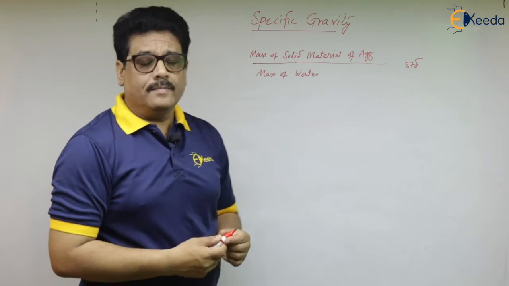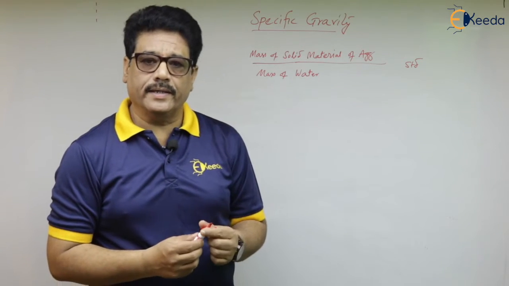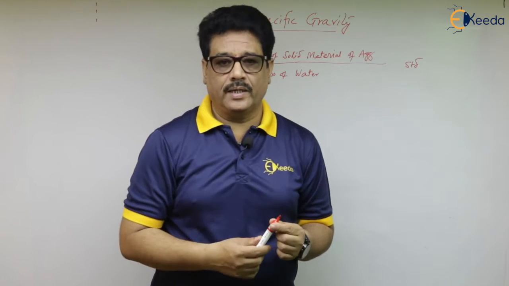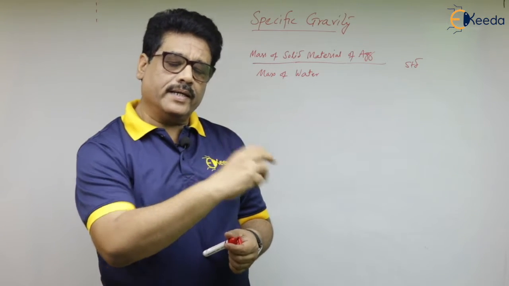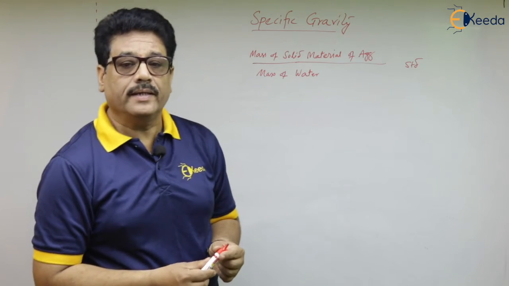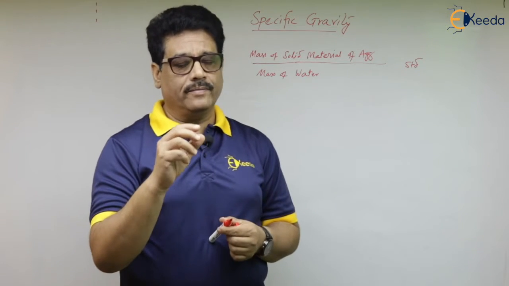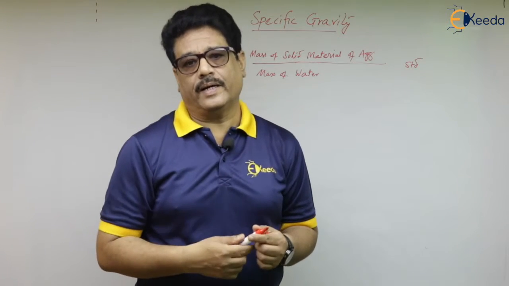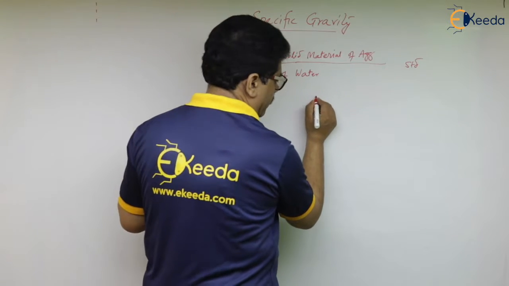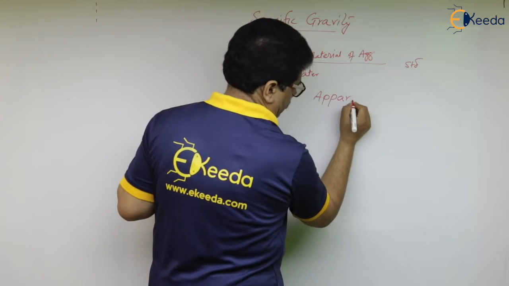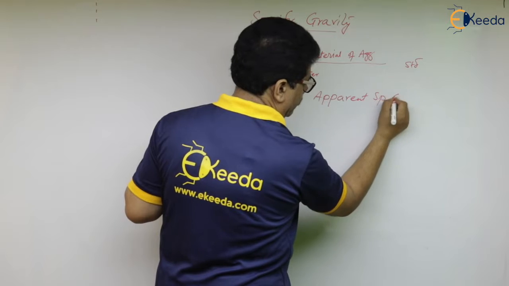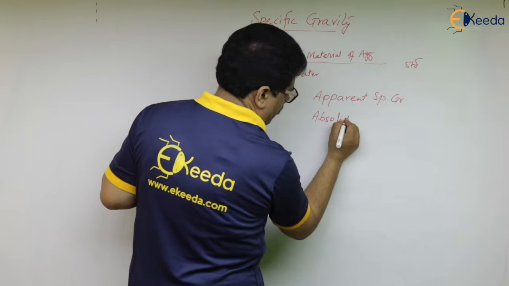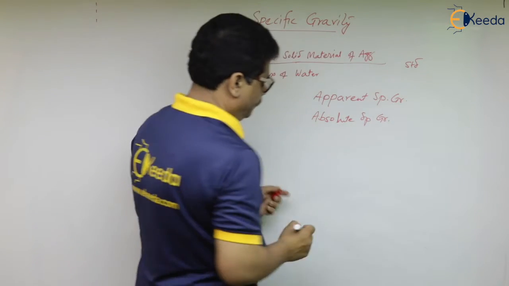But many times in our coarse aggregates, fine aggregates, we also have voids or pores which may be taken into the calculation of mass, and in that case we have to define two types of specific gravity in the reference of aggregates. So one is called apparent specific gravity and the other is called absolute specific gravity.